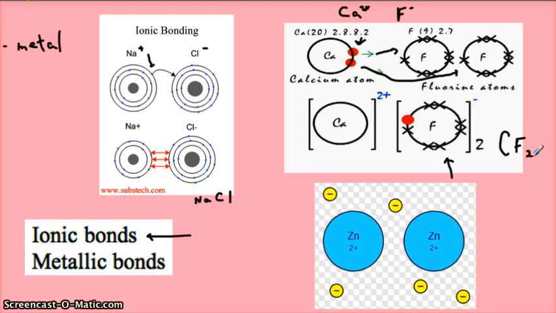Now, here's what happens with ionic compounds. They usually have strong bonds. Their melting points are usually very high. And the solids do not conduct electricity. So: strong, high melting point, and solids don't conduct.